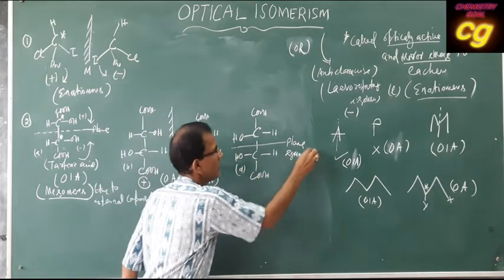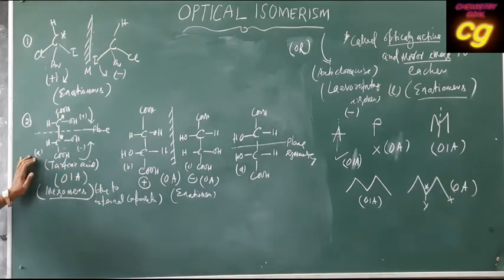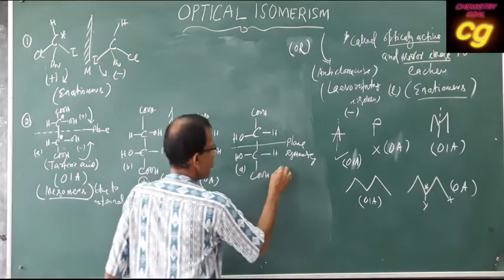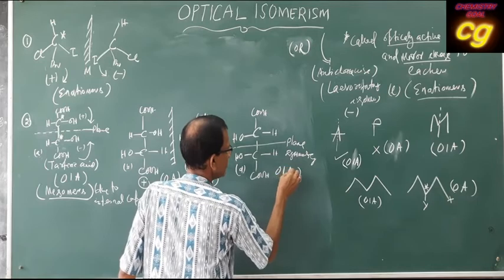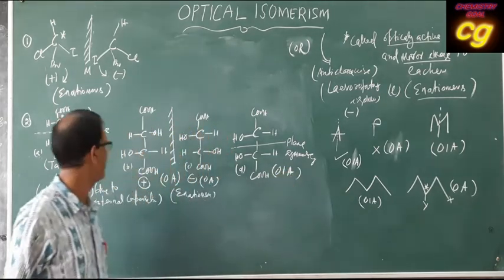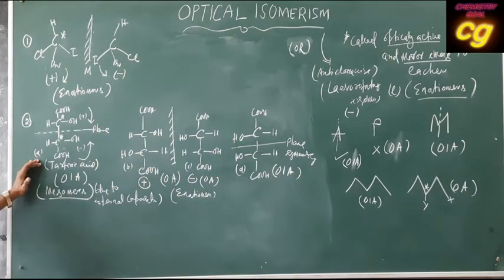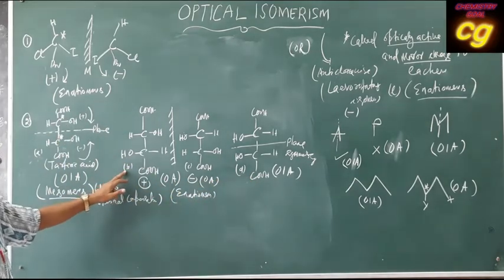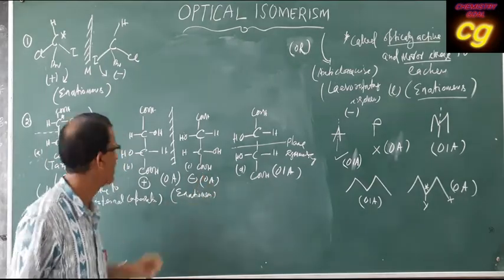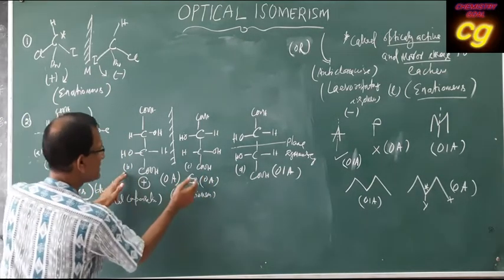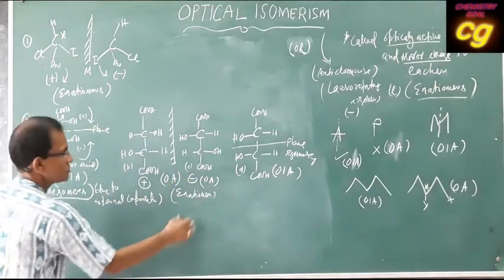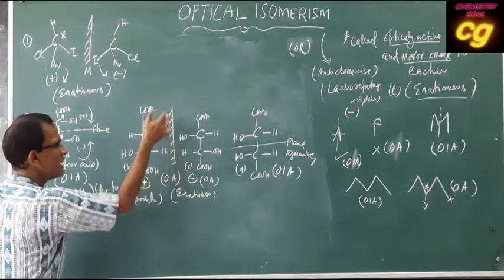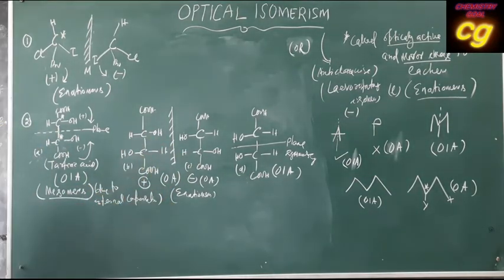A is optically inactive, D is optically inactive, but B is optically active, C is optically active. So B and C are enantiomers because they are mirror images and both are optically active.